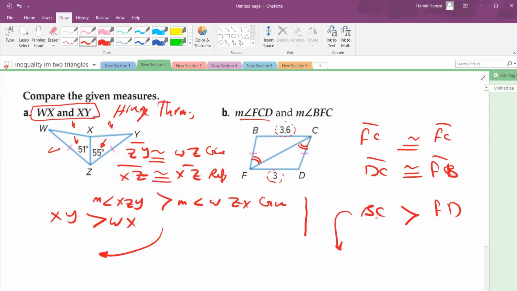So what is the angle opposite to BC? This is BC. What is the angle opposite to BC? It is what? Yeah. But don't start with F. BFC. Yeah, angle. So measure of angle BFC greater than.